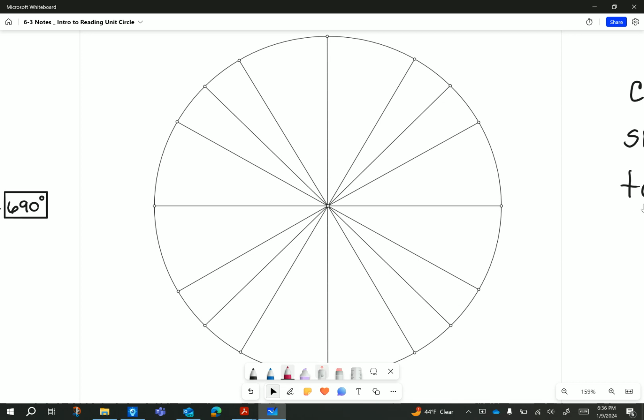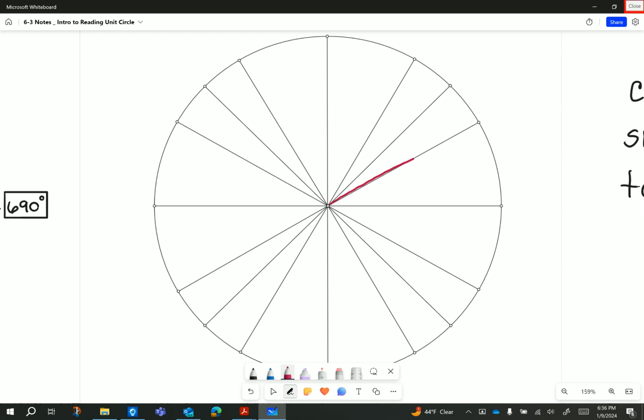Here's what I want you to notice. How do special right triangles work with unit circles? In 6.2, we worked with the 30, 60, 90 and the 45, 45, 90 degree triangles. You don't need to draw what I'm drawing here. I just wanted to draw this and ask you, let me actually draw it and I can always erase it.